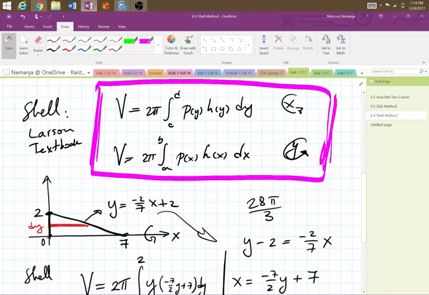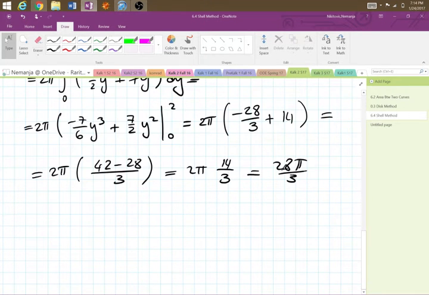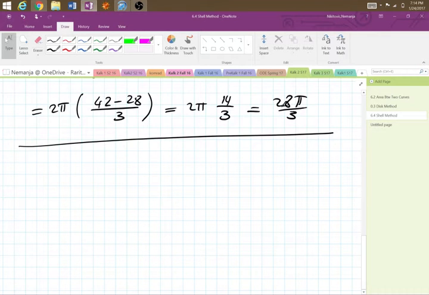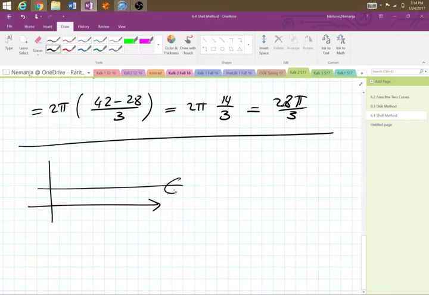Let me just give you an example when it's not going to be that. So say that you have this situation. This is the axis of rotation. This is where the function is. So now when you have a representative rectangle, you see that this is where 0 is. Let's say this is where 1 is, and this is where 2 is. The representative rectangle, the axis of rotation and the x-axis are not in the same spot.